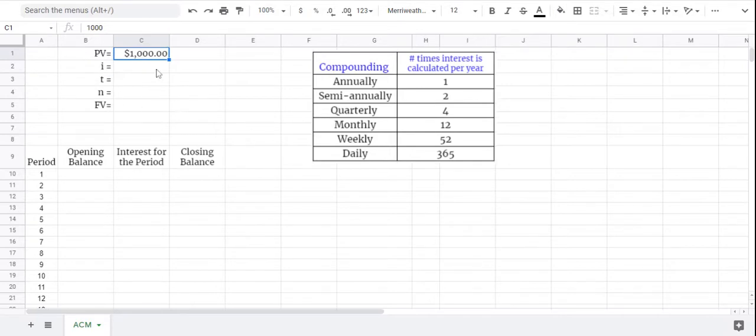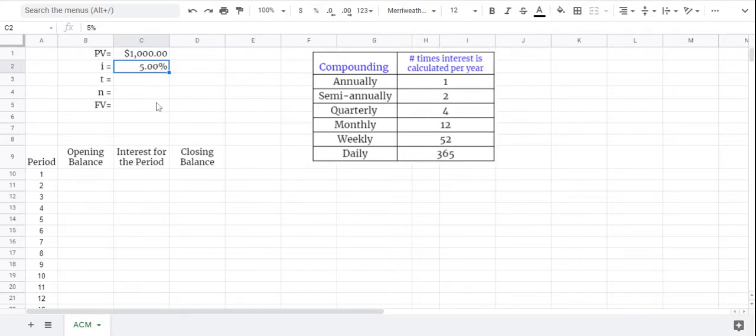Cool. So now let's imagine that our interest rate is 5%. We are going to enter this, of course, as a decimal. So I'm going to type 0.05. And that tells me that my rate is 5%. If I wanted to make it more legible, I can come here and edit this as percent.